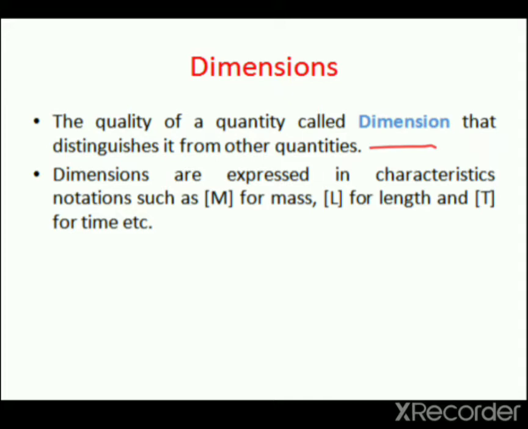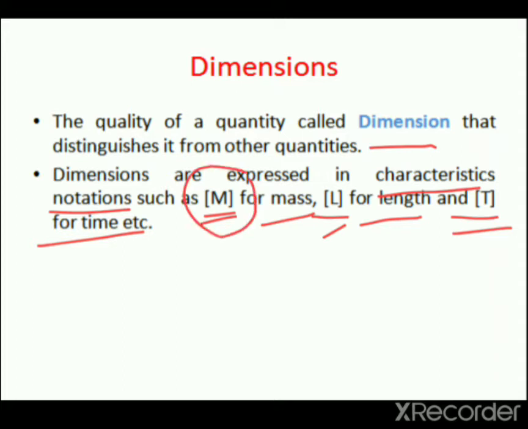The dimensions are expressed in characteristic notations such as M for mass, L for length, and T for time. So here for mass, the dimension is M, which is written in the square brackets. Similarly for length, the dimension is L written in square brackets, and T is for time, which is written in square brackets. So these are the dimensions for those quantities.